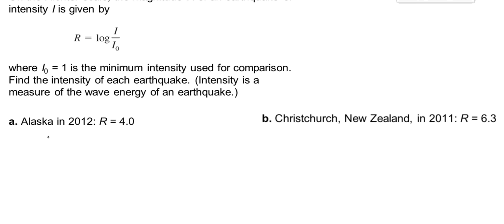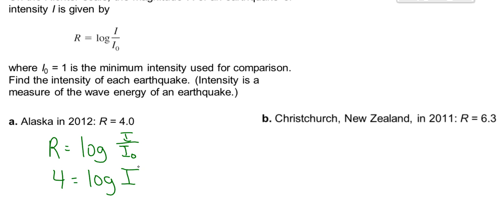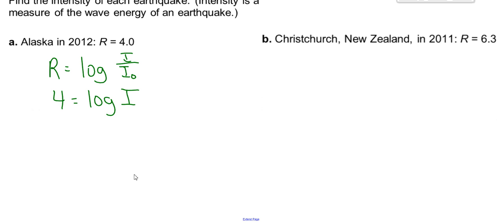So Alaska in 2012, R was 4.0, and so capital R equals the log of capital I over I sub 0. So 4 equals the log, and we said I sub 0 is 1, the log of I. And this is a plain logarithm, so it's a common logarithm, and so our base is 10, and so we're going to do that exponentiating. Oh, we haven't done that for a while, so fun.